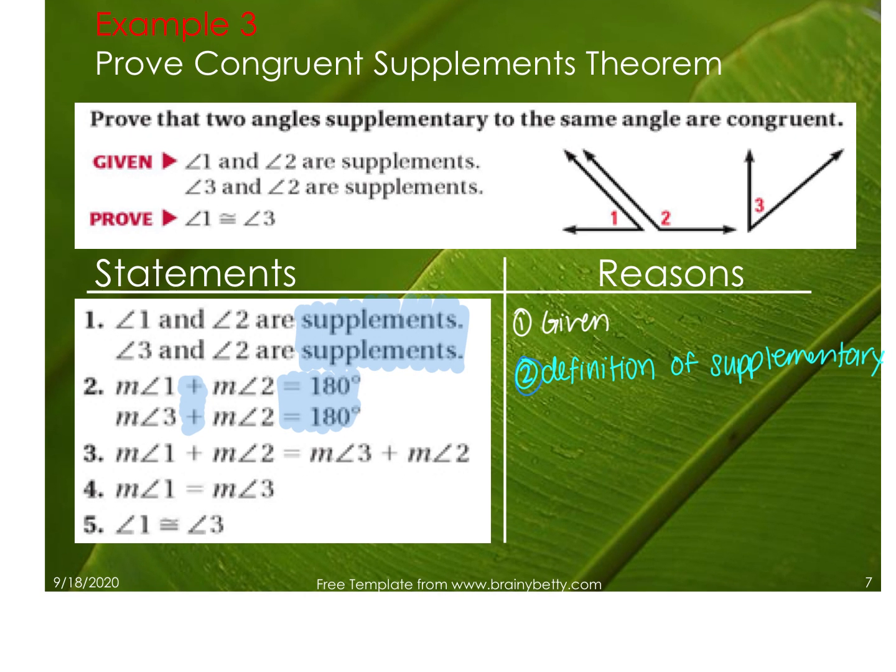All right, now look at 3. How am I going from 2 to 3? What is happening here? Okay, so we can call it substitution because we are substituting. Look at what I'm substituting. I'm substituting that 180 that was given for the measure of angle 3 plus the measure of angle 2 because it's also equal.